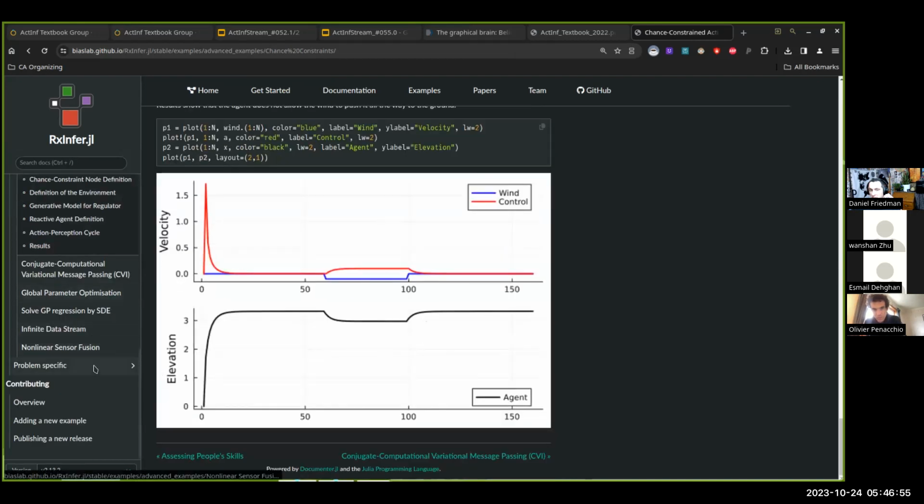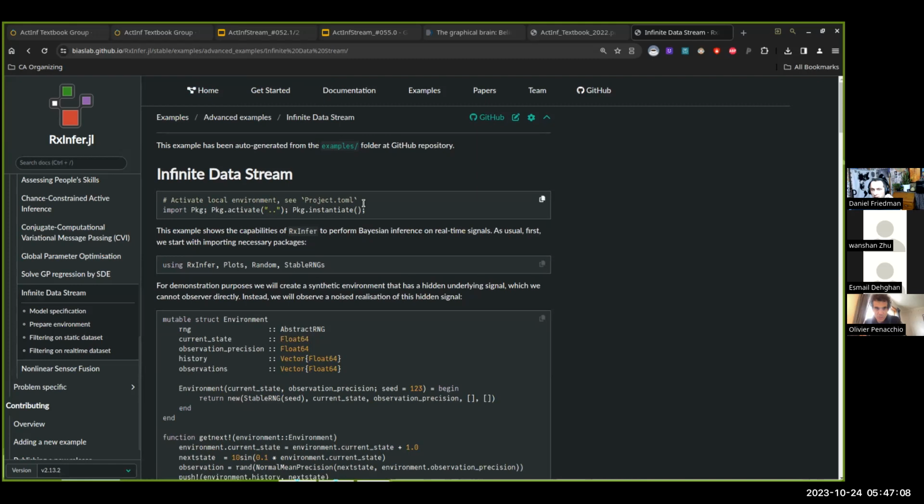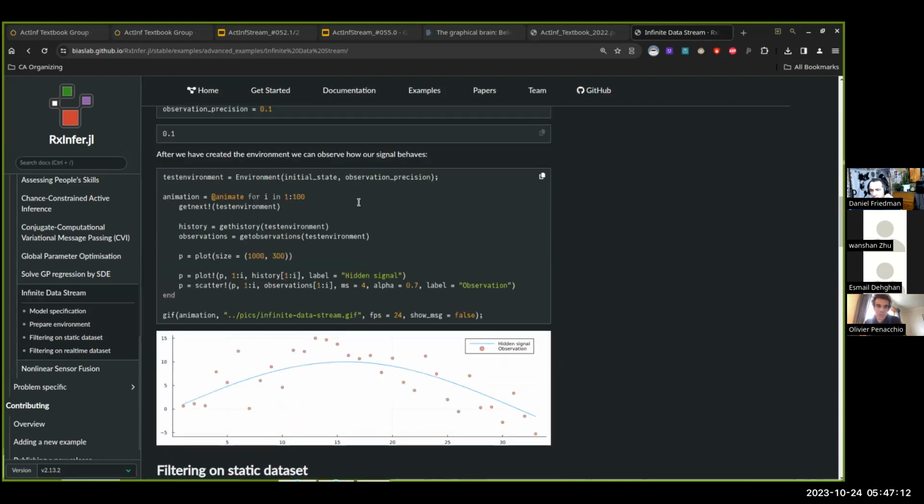I'm not a Julia expert either, but some features that are presented already in RxInfer are very promising.